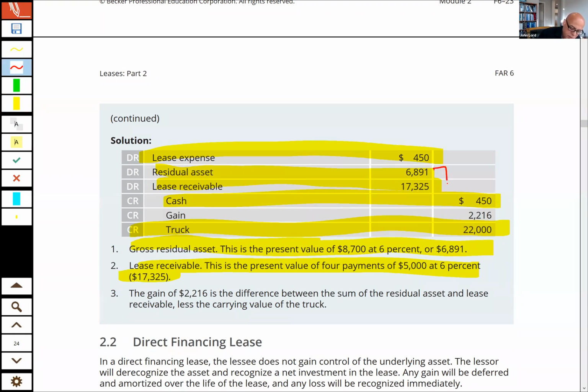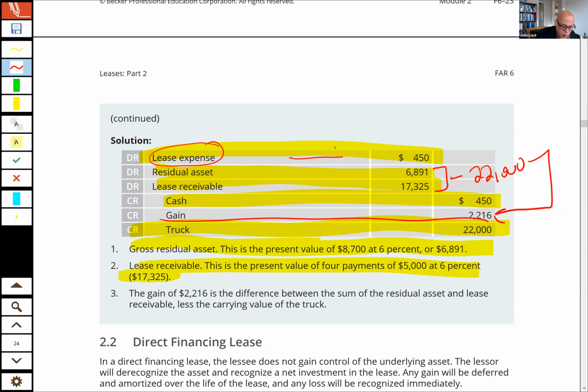And then notice, if you take these two amounts, this is equal to what they told us the fair value of the truck was, $24,000, and then you subtract off the book value. That becomes the gain. So you simply take the difference between the book value and the fair value, and that's the gain. And then you're going to take that expense here because you recognize the gain. So they tell us to expense that.